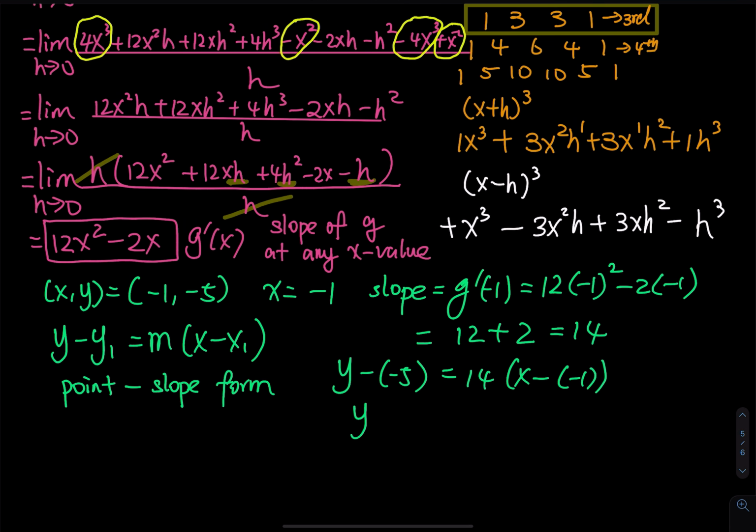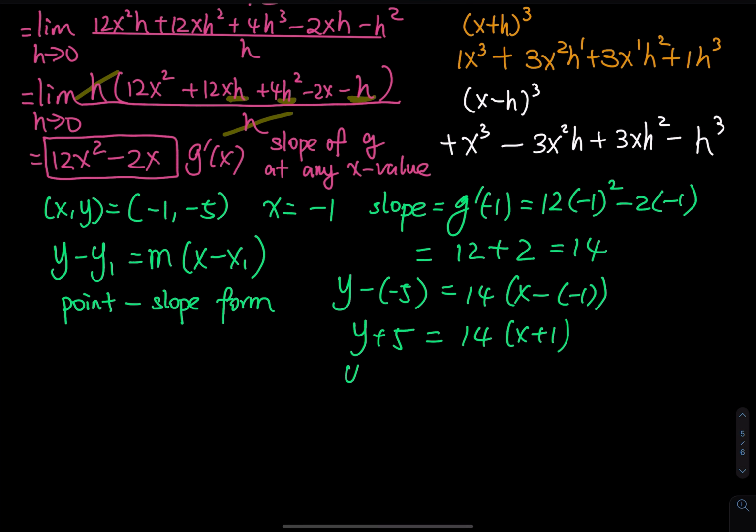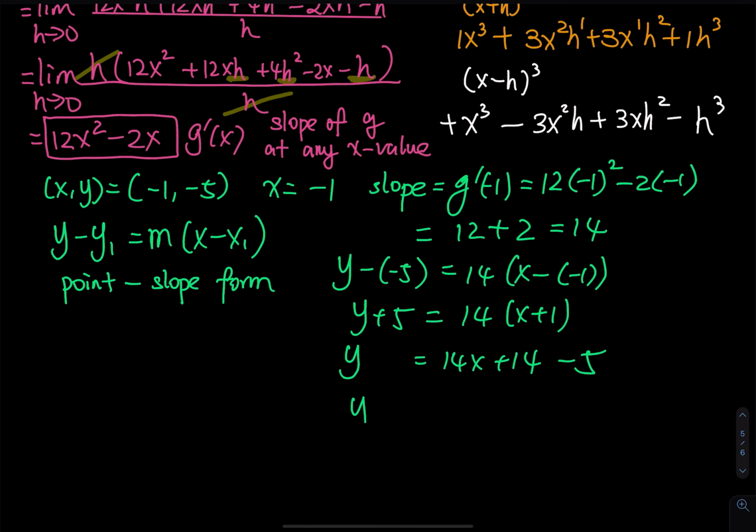So we have y plus 5 that is equal to 14 times x plus 1, right? So you have y equals 14x plus 14, and then minus 5. Let me double check. 14 minus 5, that is equal to 9. So y is equal to 14x plus 9.